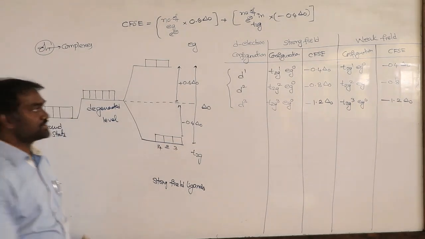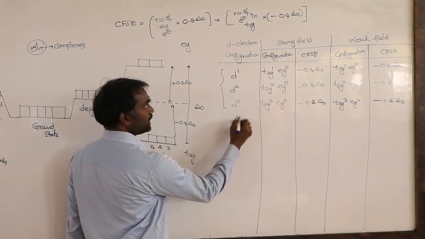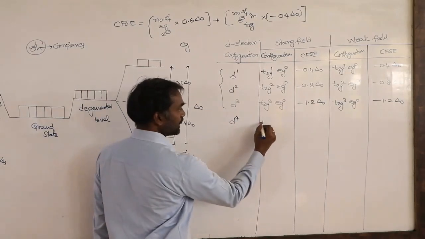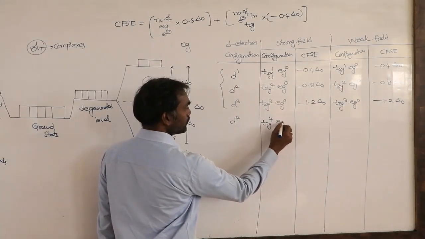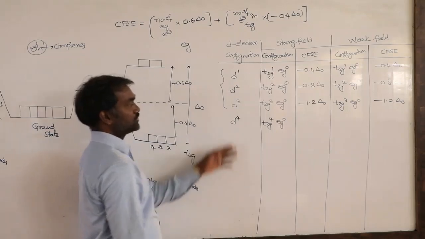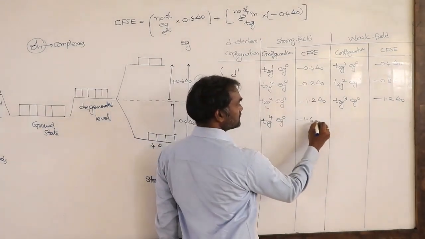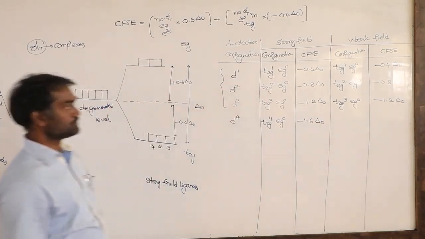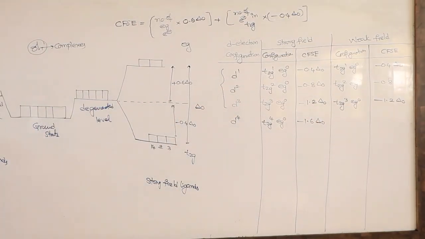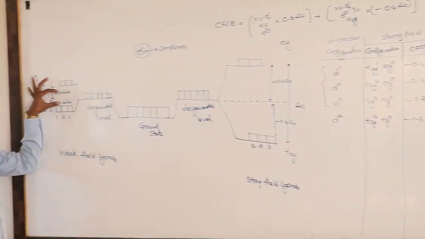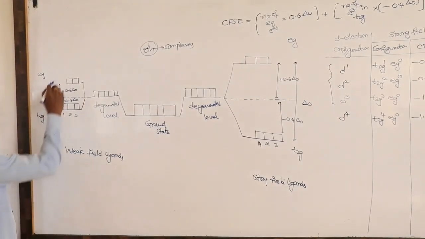So then what happens? D4. D4 in strong field you can write as T2G4 EG0. So 4 into minus 0.4, minus 1.6 delta 0. Next, here what happens? The gap is less, so the fourth electron is going above.